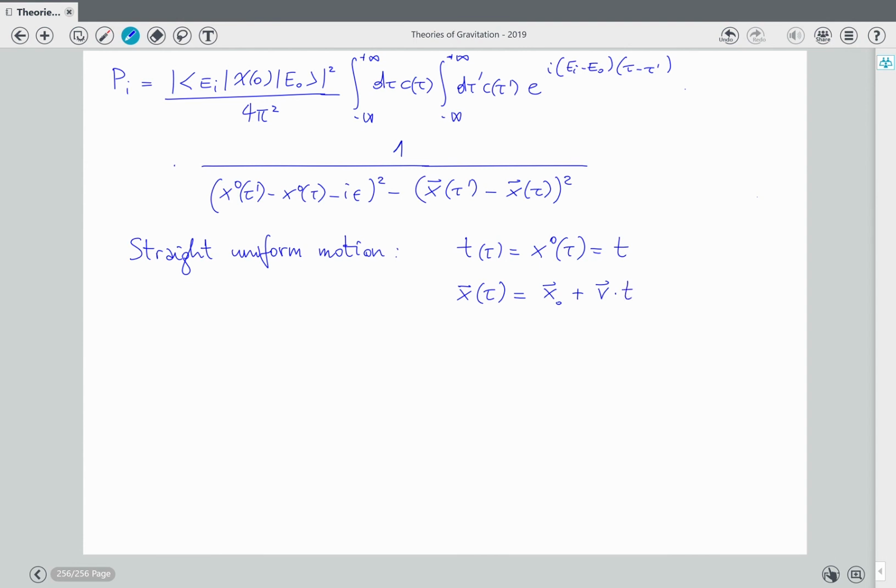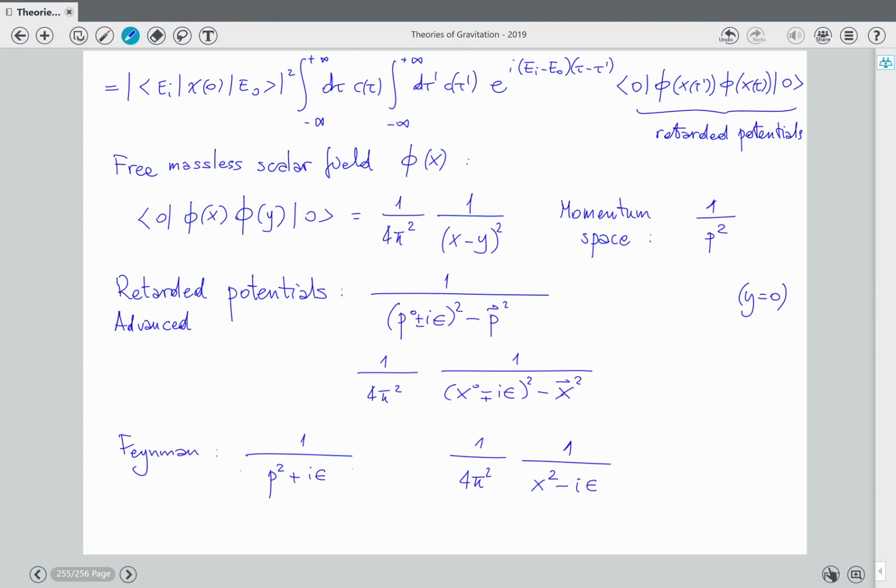So that is the trajectory. One thing that I wrote wrong is that in the Fourier transform you have a minus here. In x space you have a minus.